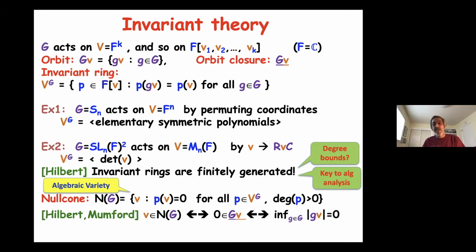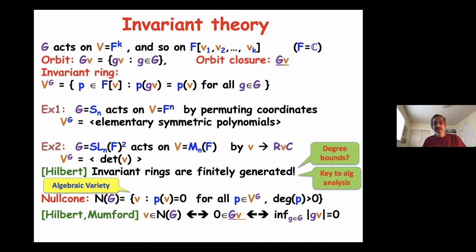It's a result by Hilbert and Mumford. A vector is in the null cone if and only if its L2 norm can be driven to 0 by elements of the group. So that's an analytic definition. And this is important because, first of all, let me tell you, all the problems you've seen so far are all null cone problems. These are the problems solved by these algorithms, and we'll see more.